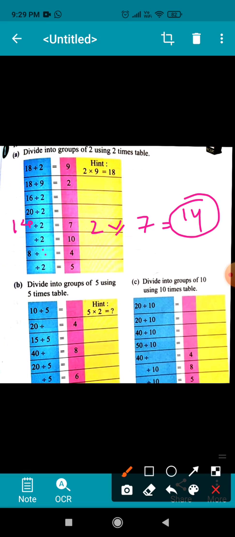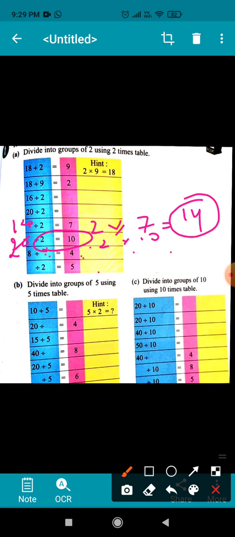Similarly, if you multiply these two numbers, then you will get this number. So when you read the 2's table 10 times, you will get 20. Or you can say when 20 is divided by 2, you will get 10. Children, we will use this method to do all these sums.